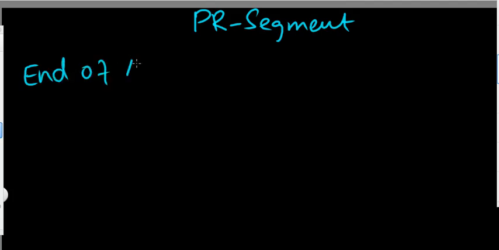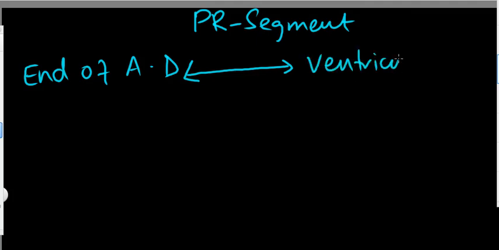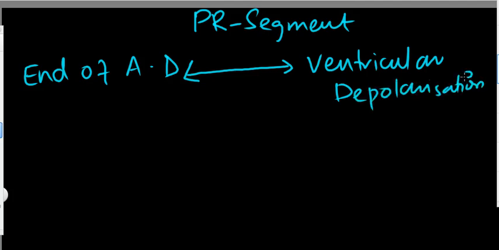The PR segment is basically the segment between the end of the atrial depolarization and the onset of your ventricular depolarization, or in short, ventricular contraction.